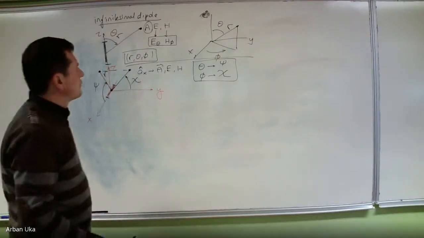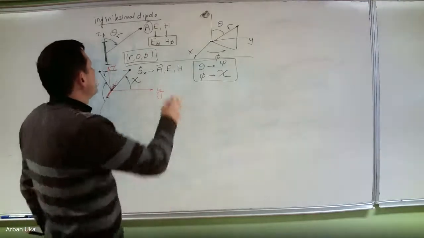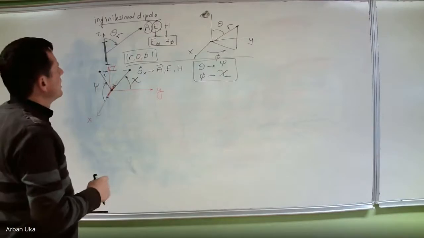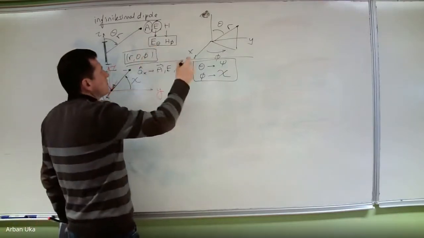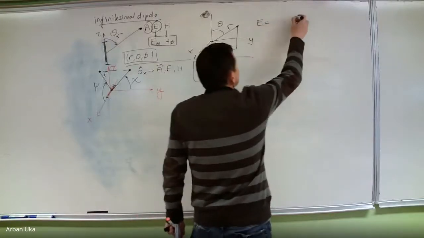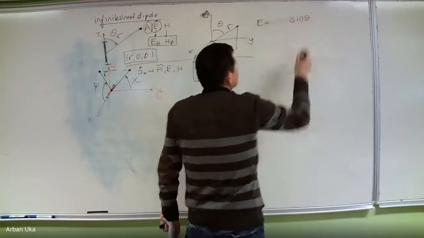First of all, let's have a look at the expression for the electric field. You can go over the notes or open the book and look at the expression for E theta. E theta was composed of several terms, including the angle sine theta.